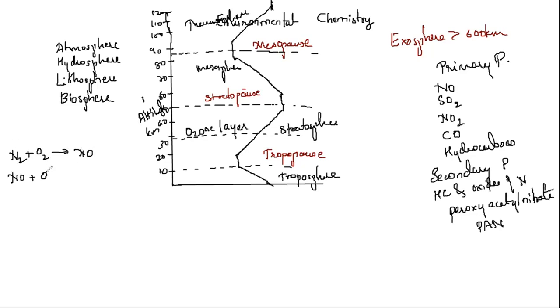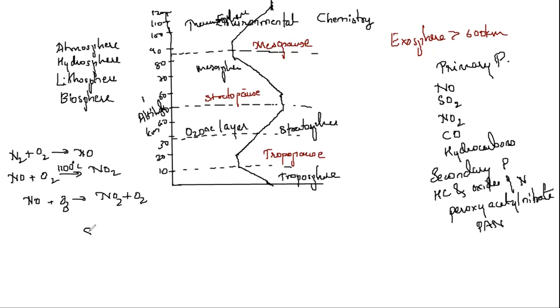You should be knowing all the reactions. Nitric oxide combines with oxygen at around 1100 degrees Celsius and forms nitrogen dioxide. Nitric oxide also combines with ozone to form nitrogen dioxide and O2. So this nitrogen dioxide, when it comes into the atmosphere, becomes an oxide of nitrogen which causes tropospheric pollution.